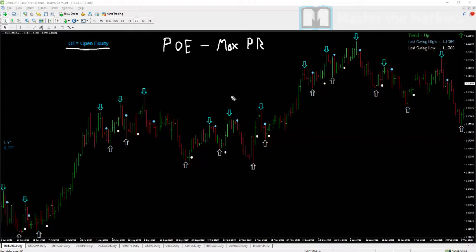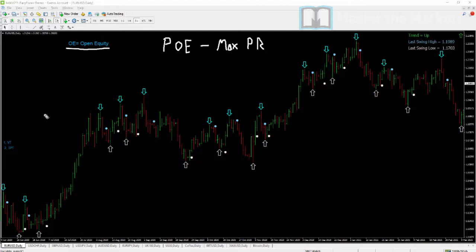So it's from the point of entry to the maximum point that is classed as the open equity for a particular phase. As we know, the market moves in cycles and each cycle has a phase.